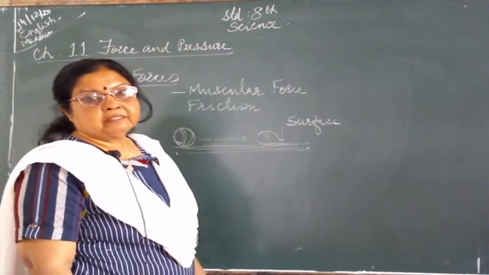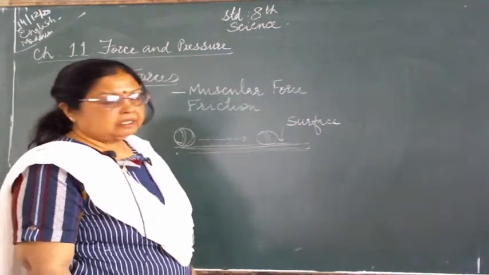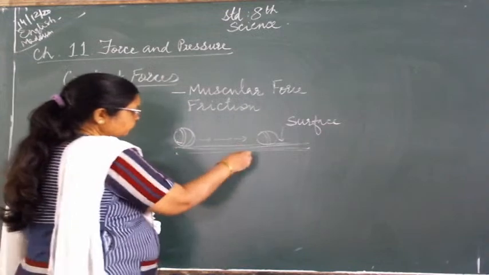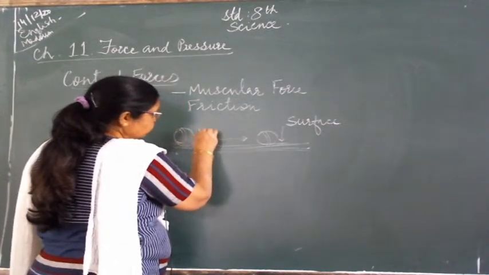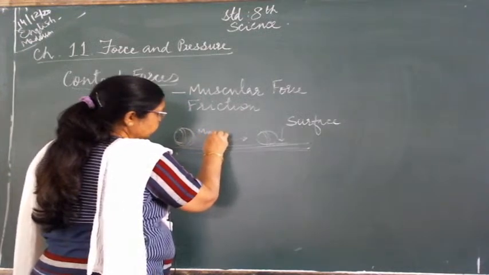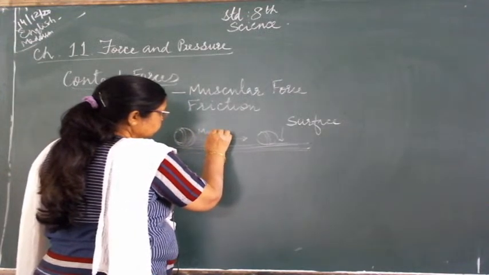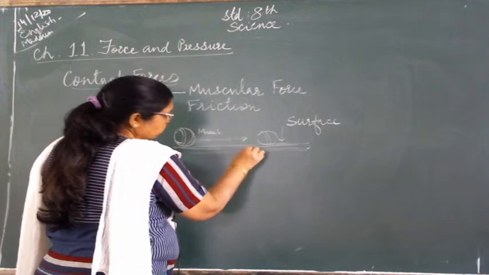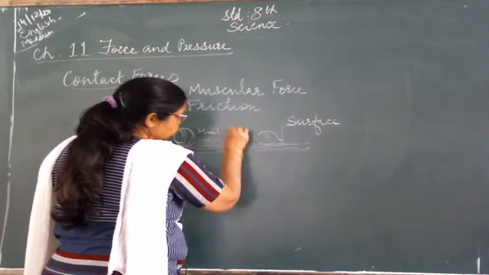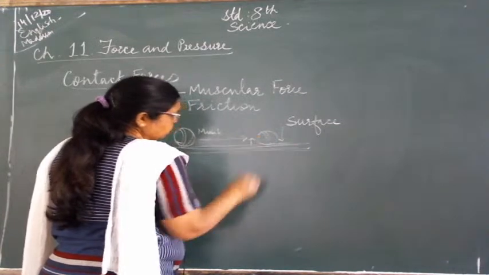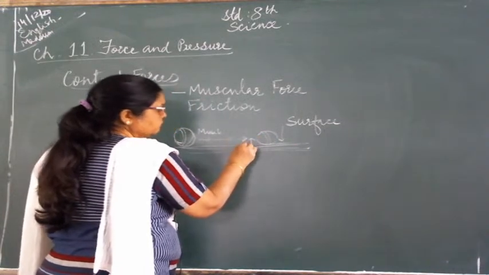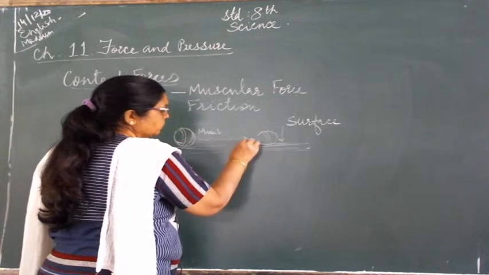Why does the ball become stationary? Because of this movement, that is the external force applied by muscles, and a force applied by the surface in the opposite direction.